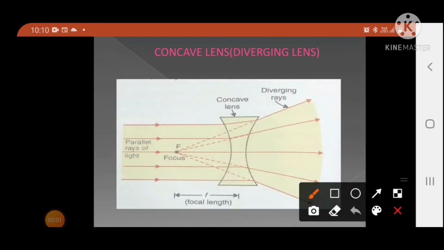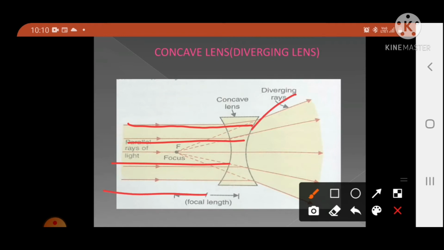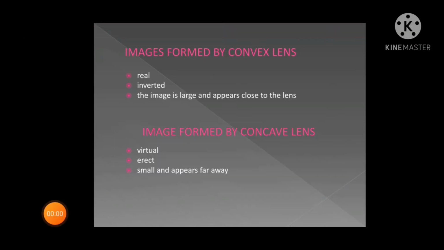And here we can see that after passing through a concave lens, the rays of light are diverging, means going away from each other, and they appear to meet at one point. So that's why concave lens is called diverging lens.